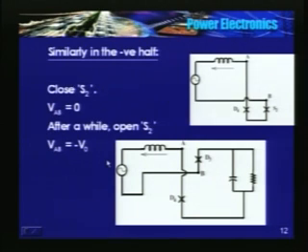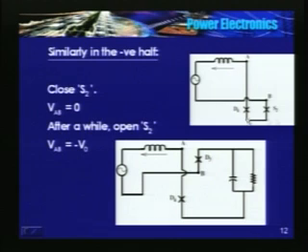Okay. So the same thing in the second half: close S2 only. Circuit will be completed through S2, D4, inductor. Open S2, current was flowing in this direction, flow through D3, load and back.